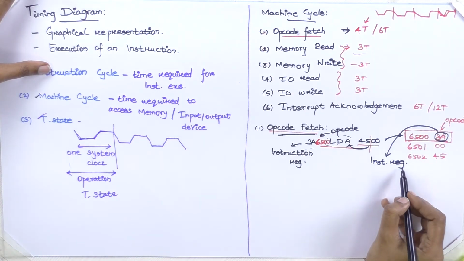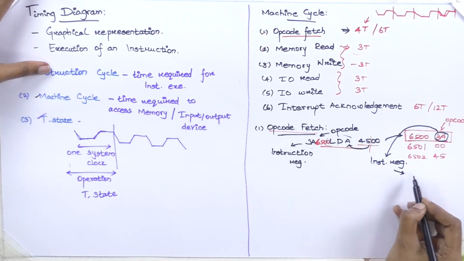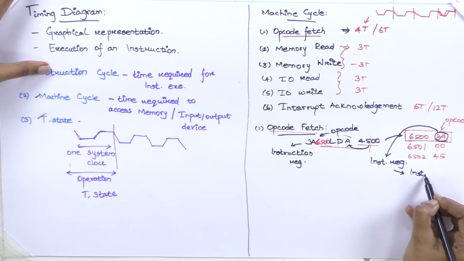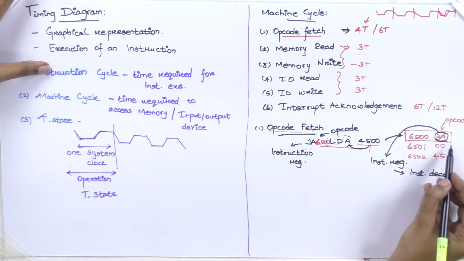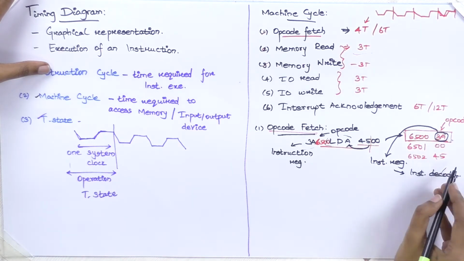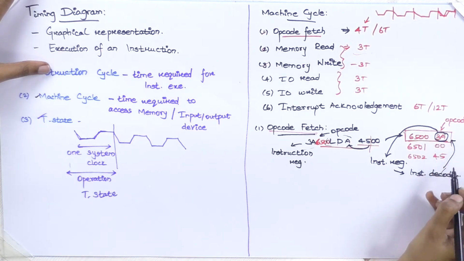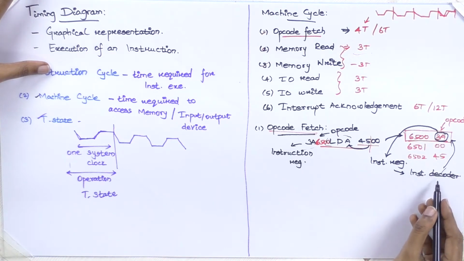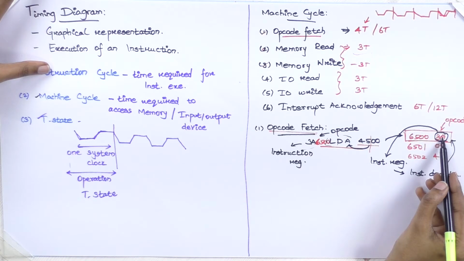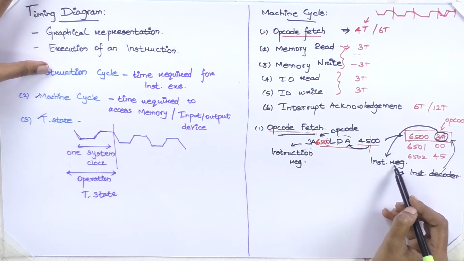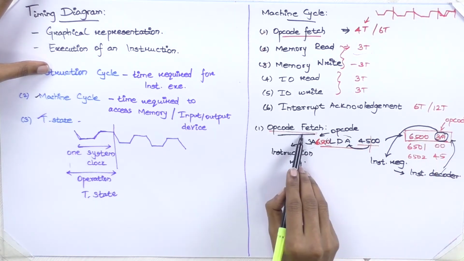Later from the instruction register, it will be transferred to the instruction decoder, where the operation corresponding to 3A will be decided. This we have discussed in architecture. So the operation of opcode fetch is that it will get the opcode value from the memory and place it in the instruction register. So that is opcode fetch.